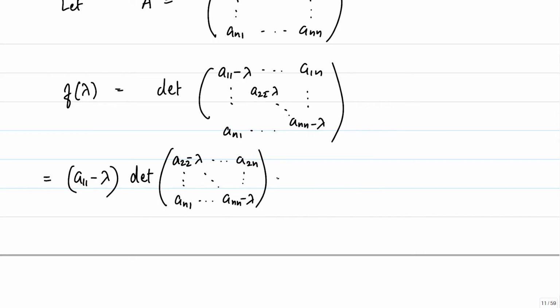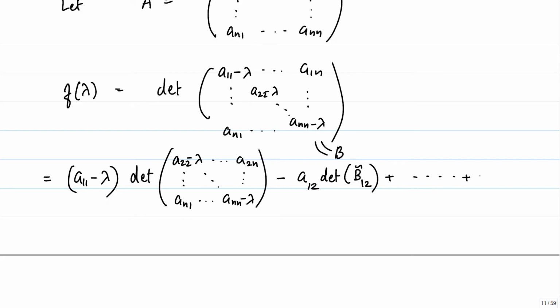What will be the second term? The second term will be minus a12 times the determinant of b12 tilde, where b12 tilde is, if you call this matrix B, the relevant minor, and so on.